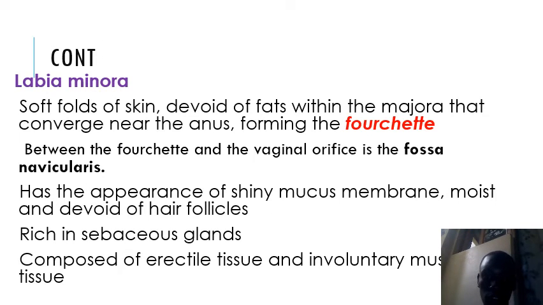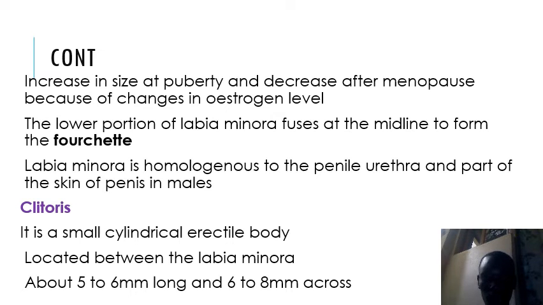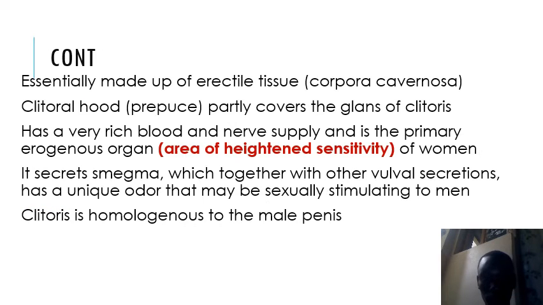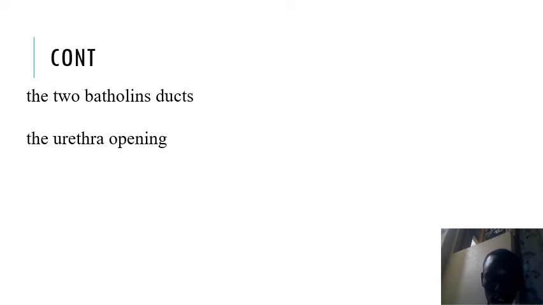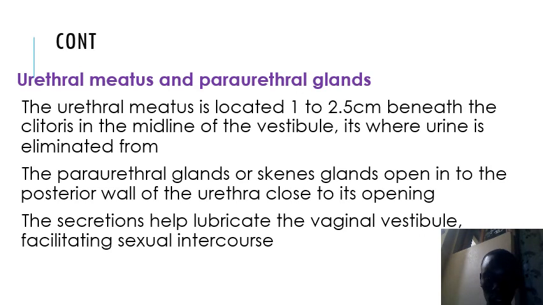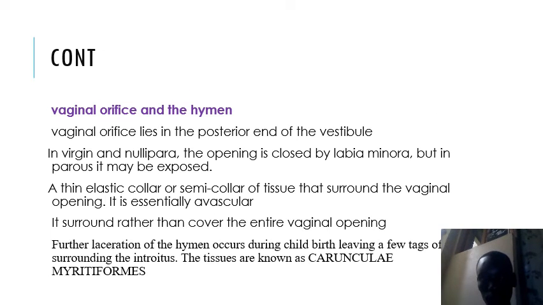So all this we have already discussed. The fossa navicularis, we have already talked about it. The labia minora, the clitoris, the vestibule, the boat-like depression with the openings: the vaginal orifice, the two skene's ducts opening, then the opening of the Bartholin ducts, and the urethral meatus or opening, all those we already discussed.